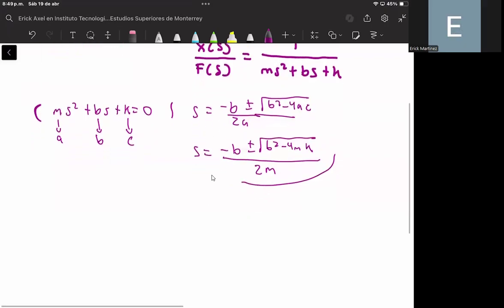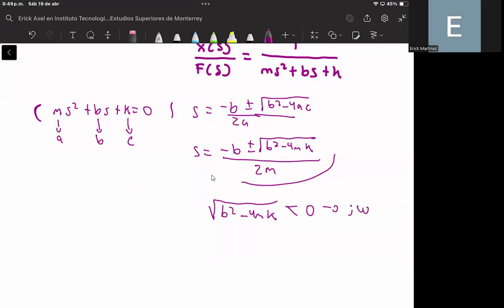But the important part is that I also told you that, based on the values or the sign of the terms inside this root, I can get imaginary roots or not. For example, if the value inside this root is lower than 0, that means that I can generate complex roots, and that is associated with an oscillatory behavior.